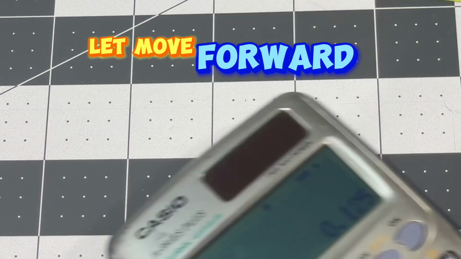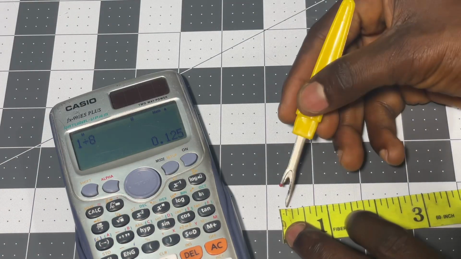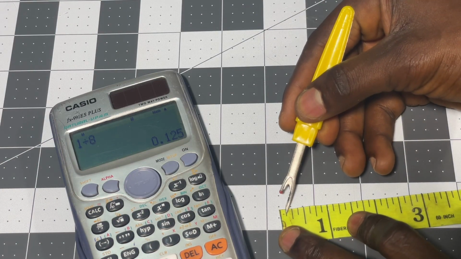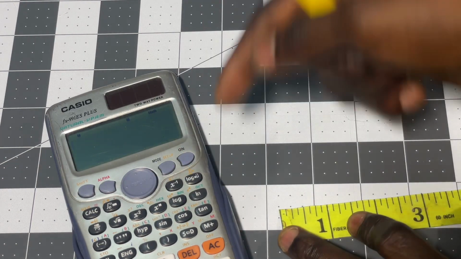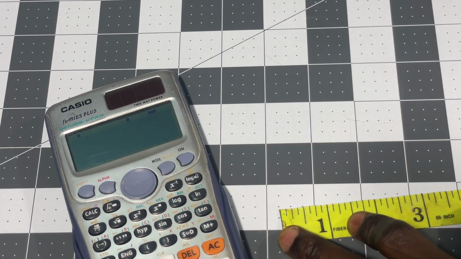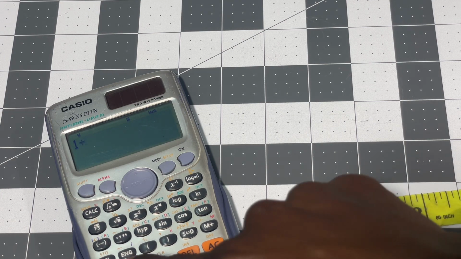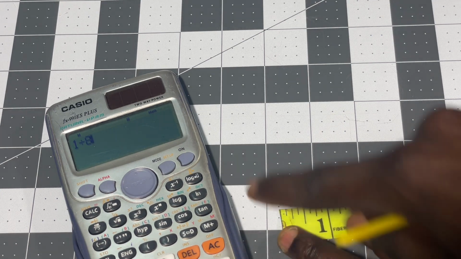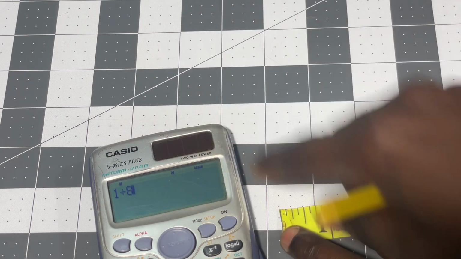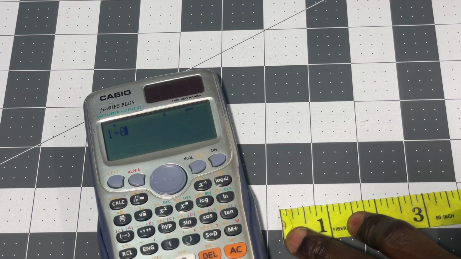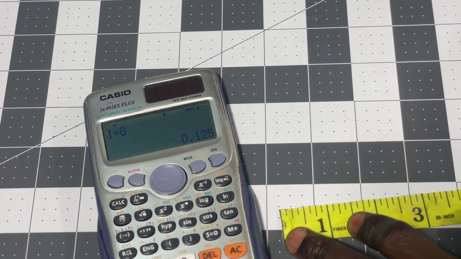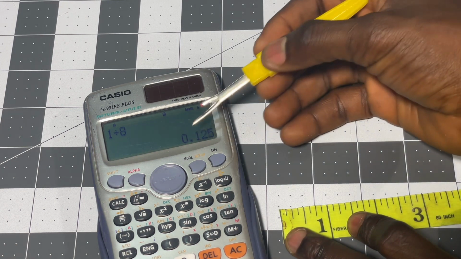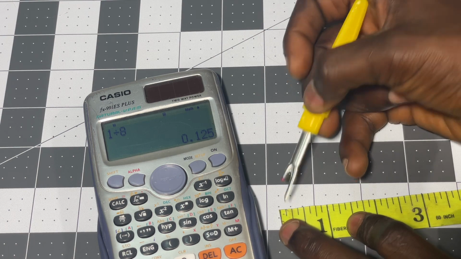Now, as you all know, this first line here is 1 over 8 of an inch. So you grab your calculator and divide 1 by 8. We convert it into a decimal, which gives us 0.125 of an inch.